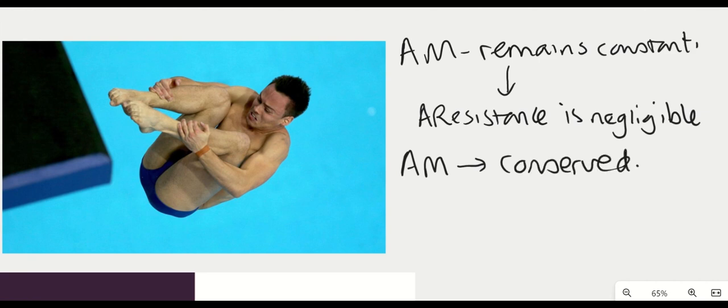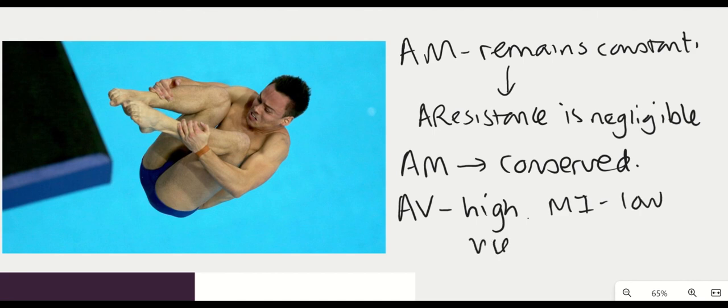One of the reasons it's conserved is because when we spin fast, when angular velocity is high, our rate of rotation is high, our moment of inertia is low, and vice versa. Let's try and make a little bit more sense of that.